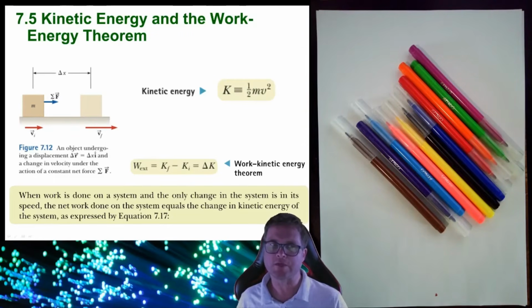Expressed in words, when work is done on a system and the only change in the system is its speed, the net work done on the system equals the change in the kinetic energy of the system, as expressed in this equation here. So this then is the work energy theorem.